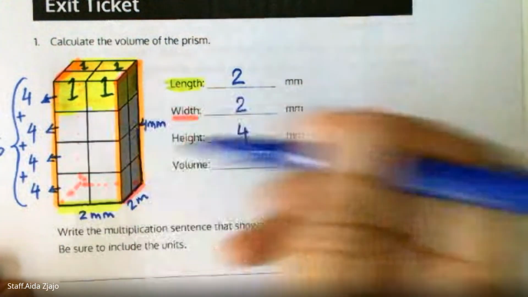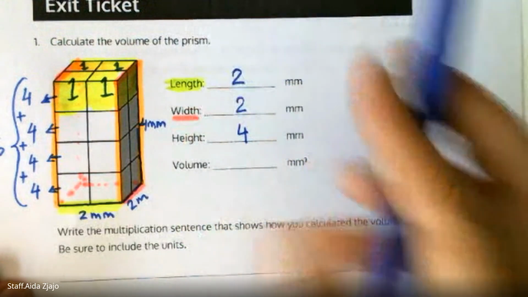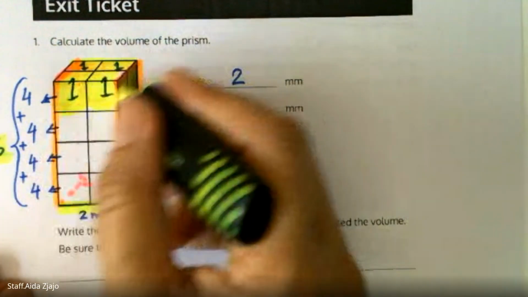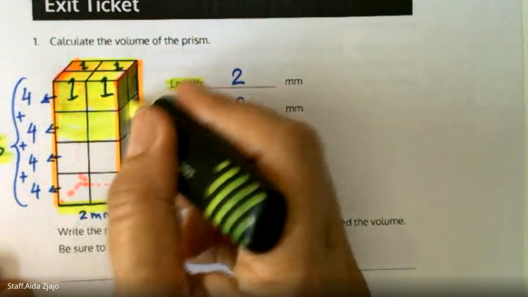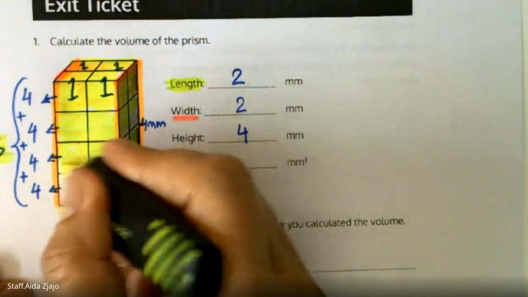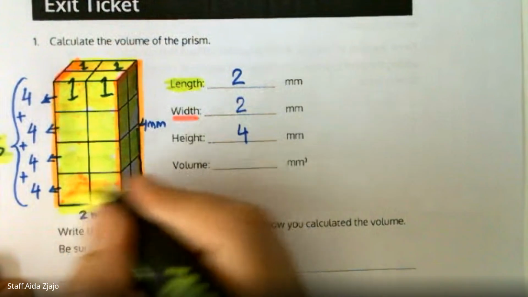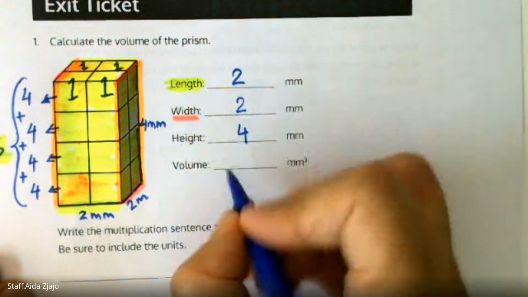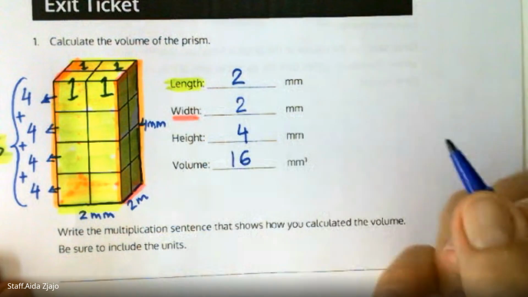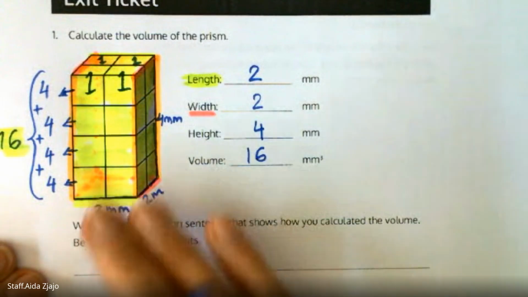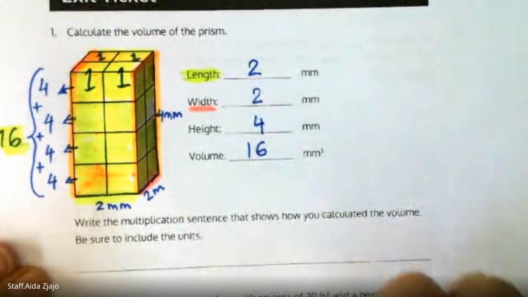So we know now that this whole prism needs to be built by 16 cubes. 4 plus 4 is 8, plus 4 is 12, plus 4 is 16 cubes. So the volume is 16. Now, that is when we are using the strategy of layers. But what if we want to do the quick work?